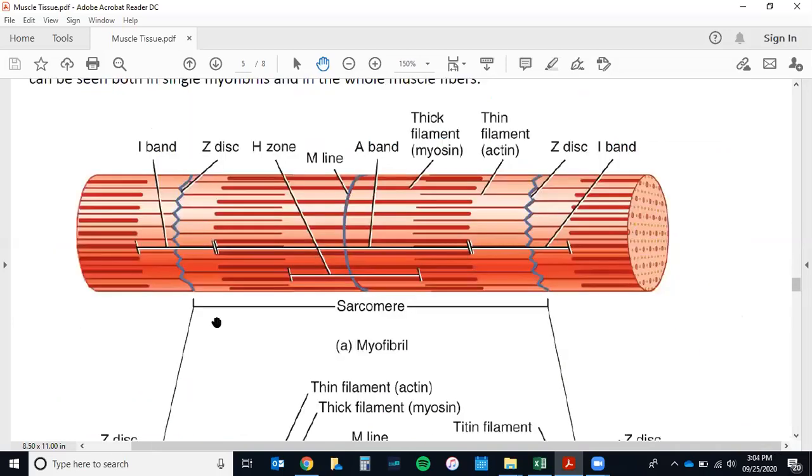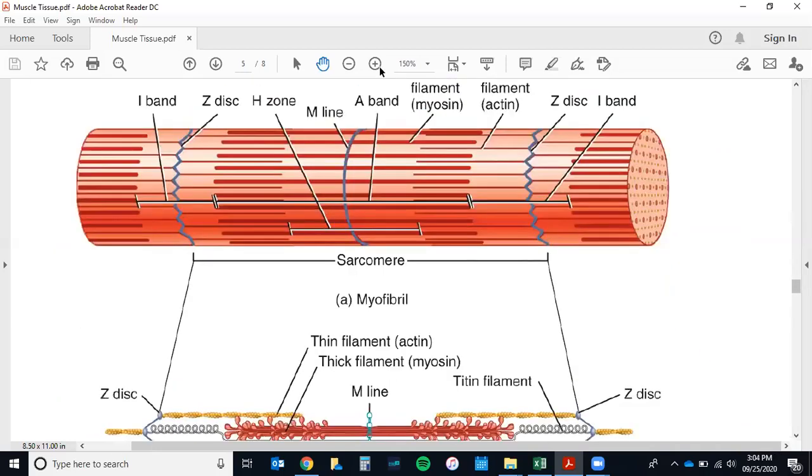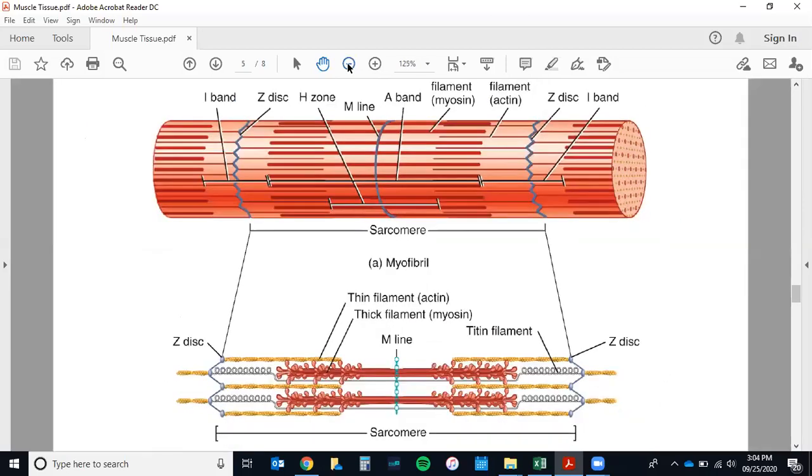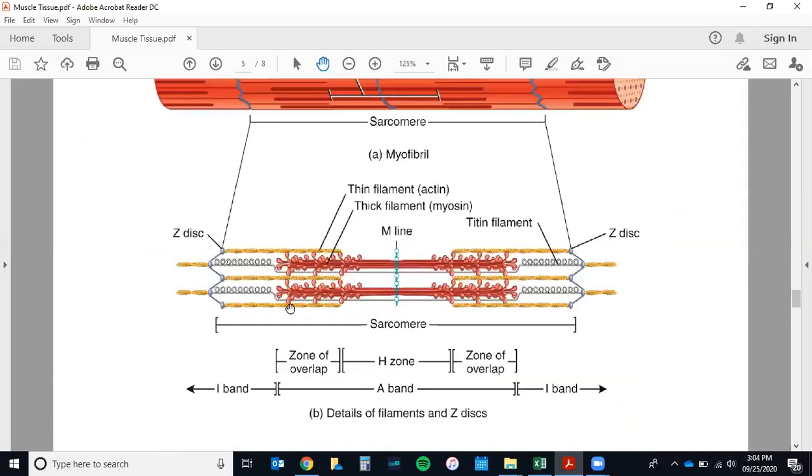And here in our couple illustrations at the bottom, we show what a sarcomere looks like. I like this illustration because it's showing you that we have to remember to think three-dimensionally. This one's a little bit easier to tell things, especially when it comes to the thick and thin filaments that you can see. But here's what one sarcomere looks like.